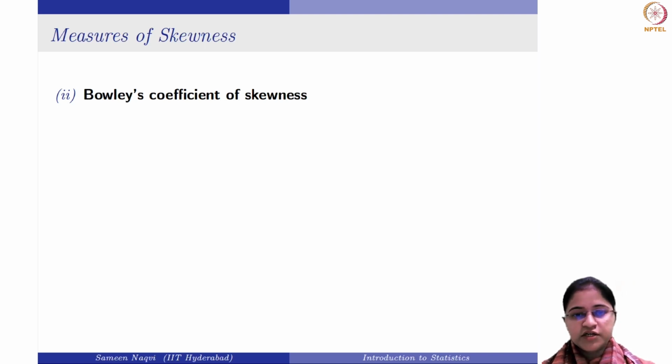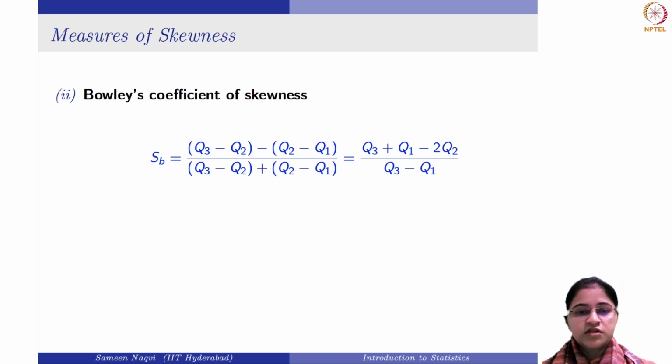Bowley considered the quartiles, because if you recall, we have Q1, Q2, Q3, and the distance between Q3 and Q2 would be the same as the distance between Q2 and Q1 if it is a symmetric distribution, correct?